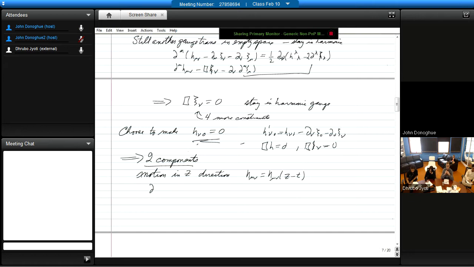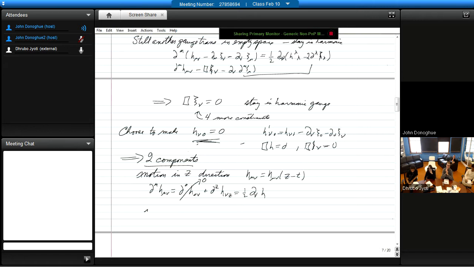We have the constraint d mu h mu nu, which is d0 h0 nu plus dz h nu z equals 1/2 d nu h. By doing our gauge transformation above, we've set that guy to 0. That was our extra constraint. So now we have a simpler one.